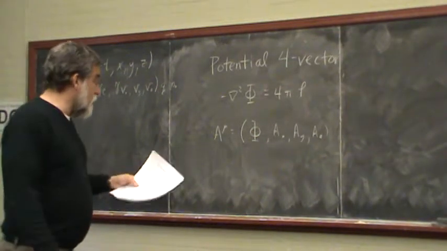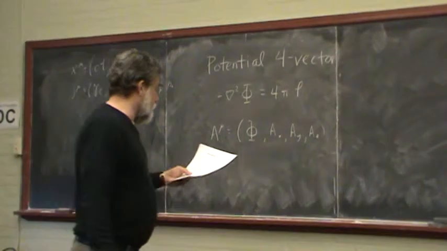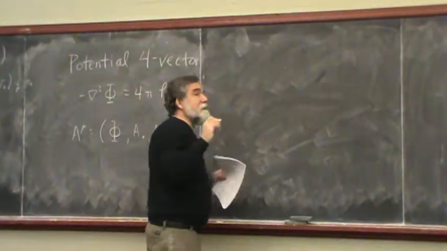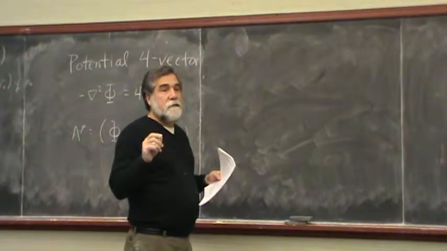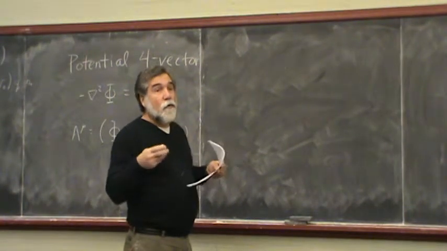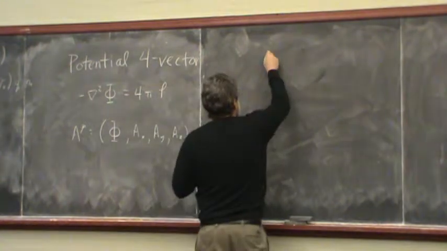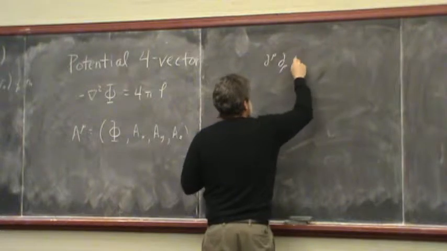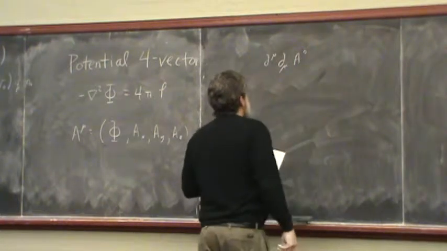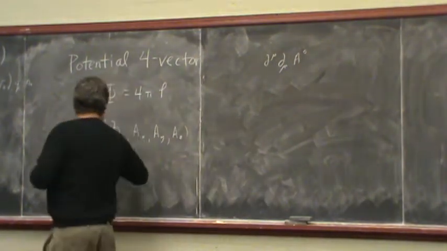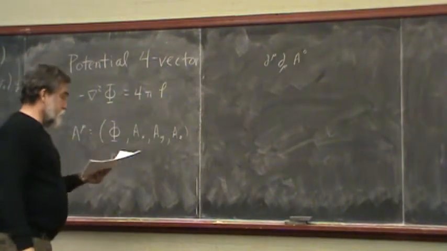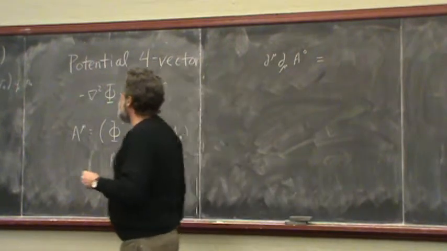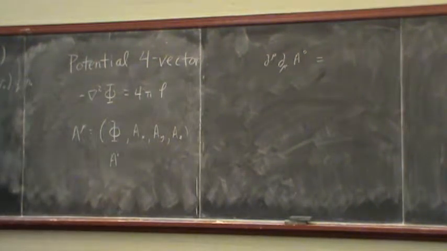So we can start out and say that in the steady state, the four-derivative, or the D'Alembertian actually, operating on the first term here, which is the A0 term, should give us the first term.